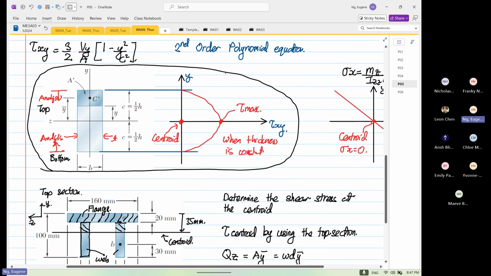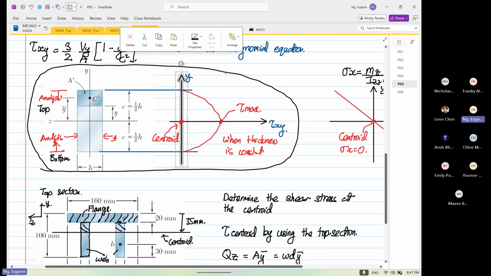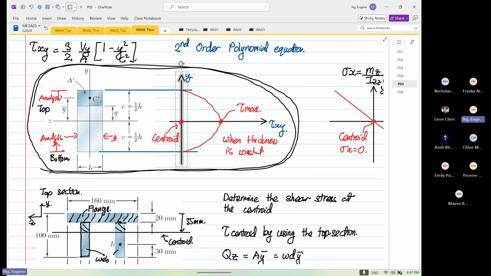Because if you look at what we have derived over here, if the cross section is constant, whether you take it from the top or from the bottom, the answer will be and shall be the same. Okay. If not, then yeah, we have to be worried.